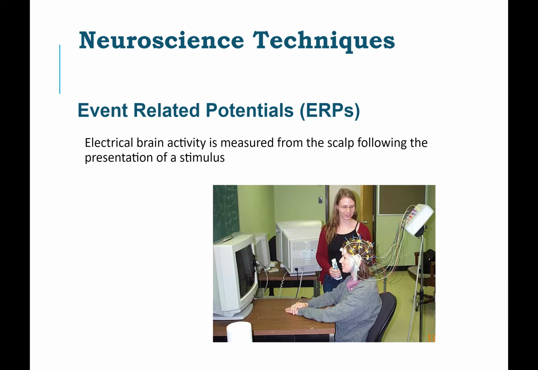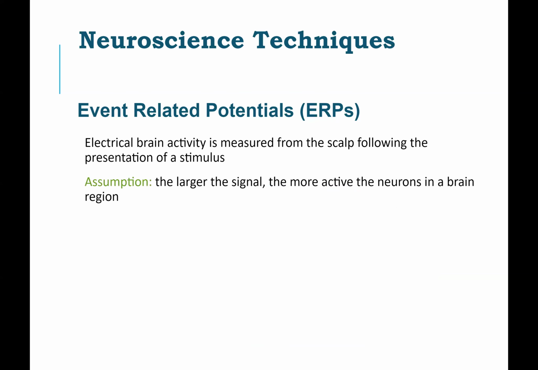So it has to be really coordinated activity of a lot of cells in order to give you a signal. The device itself is called EEG, electroencephalography, and the signal is called event-related potential. So the assumption is that if you have a really large area coding for the same thing, then you could actually record it.